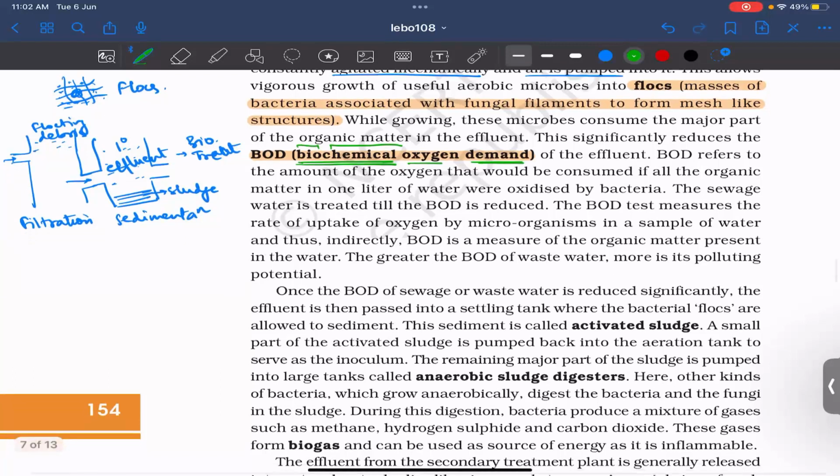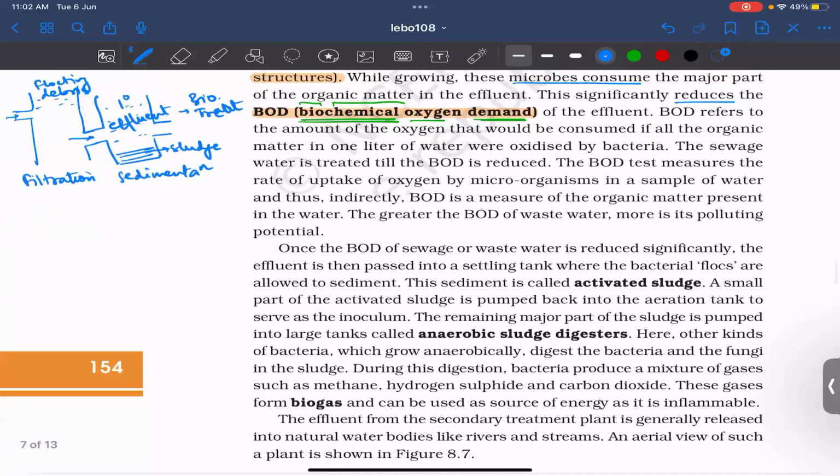Now, after the microbes consume a significant part, there is significant reduction in BOD of the effluent. Now what is BOD? Here is the definition of BOD. BOD refers to the amount of oxygen that would be consumed if all the organic matter in 1 liter of water were oxidized by the bacteria.